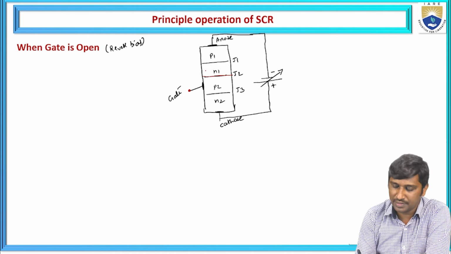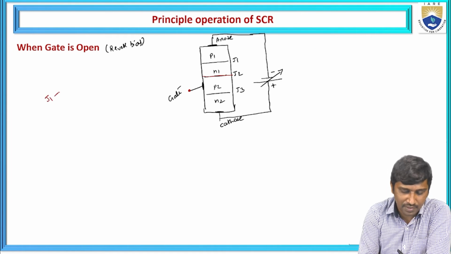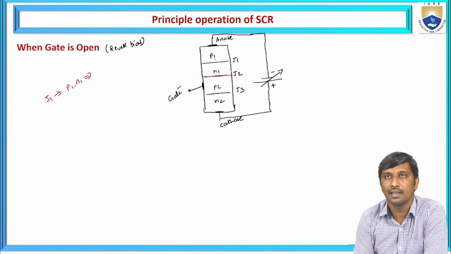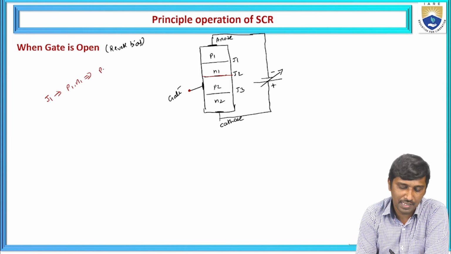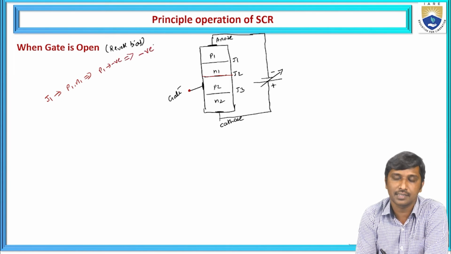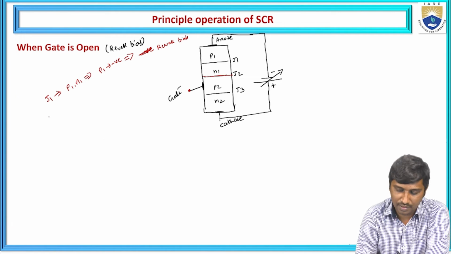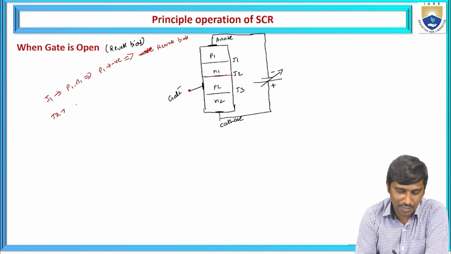J1 is the formation of P1 and N1. For the P1 layer, we apply the negative pole of the battery. Hence, that junction acts as a reverse bias. Similarly, J2 is the formation of N1 and P2.